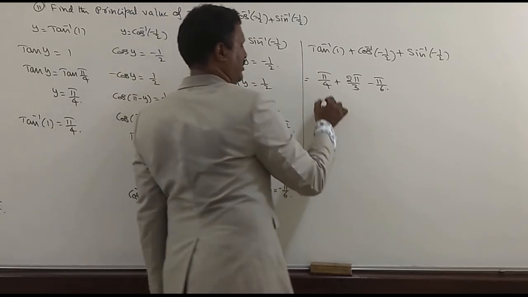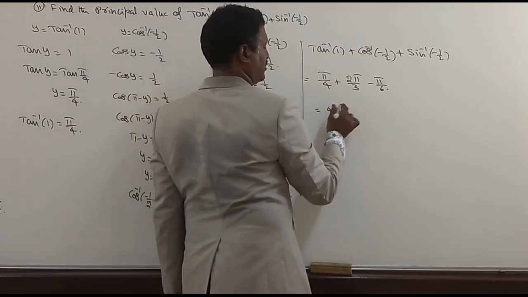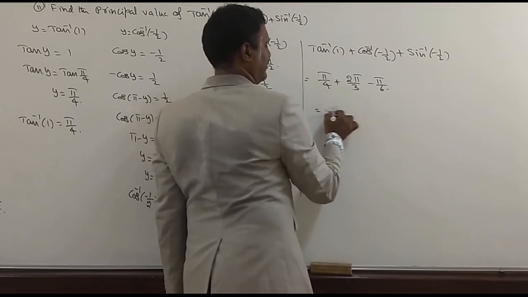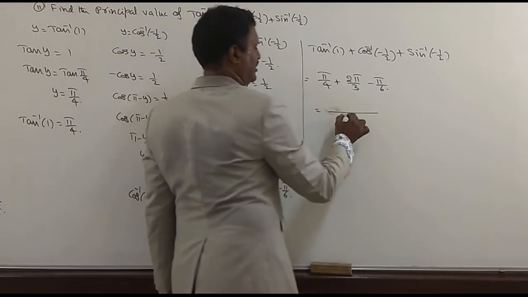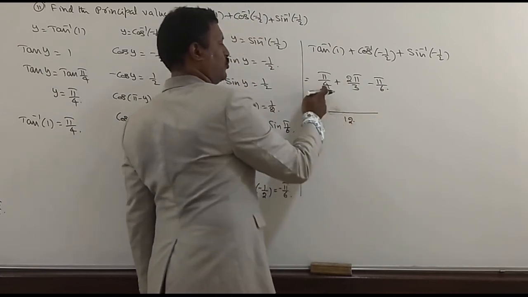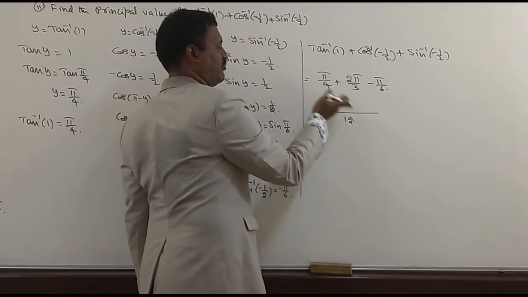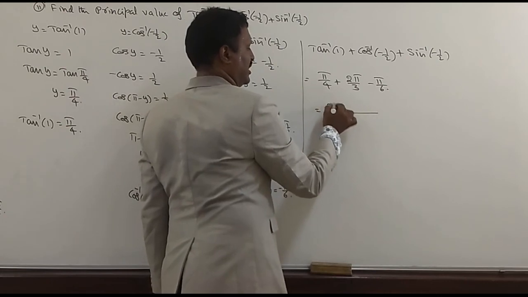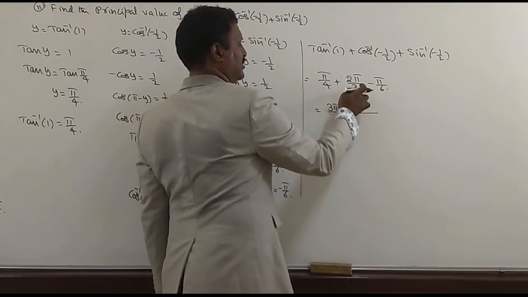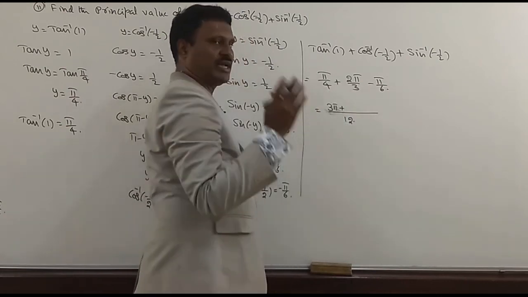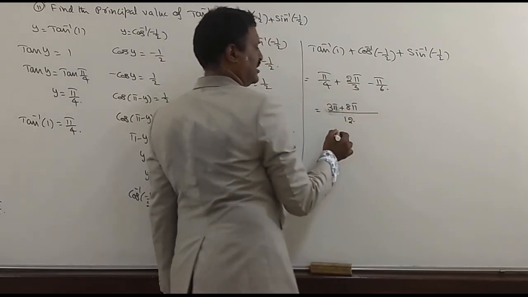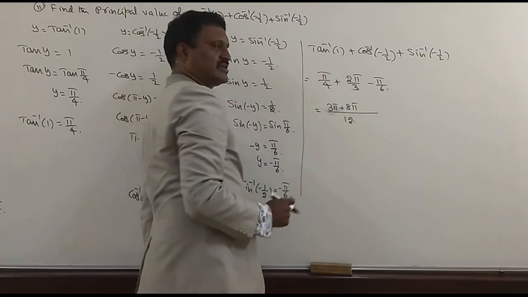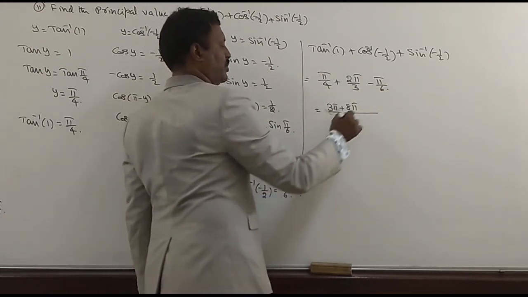So pi by 4 means 45 degrees. Otherwise we can take the LCM and solve directly. 4, 3s are 12, so 12 will be the LCM. 12 divided by 4 you will get 3, so 3 pi, plus 12 divided by 3 you will get 4, 4 2s are 8, so 8 pi. Then 12 divided by 6 you will get 2, so 2 pi.